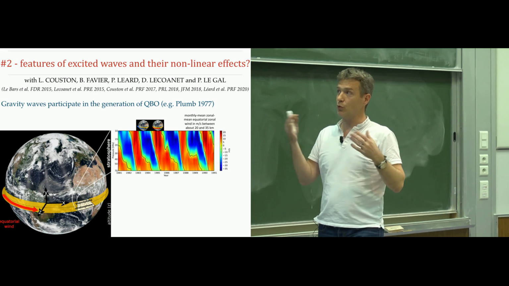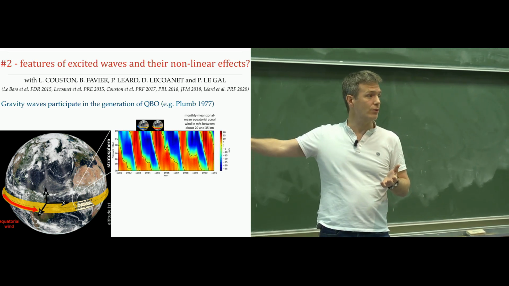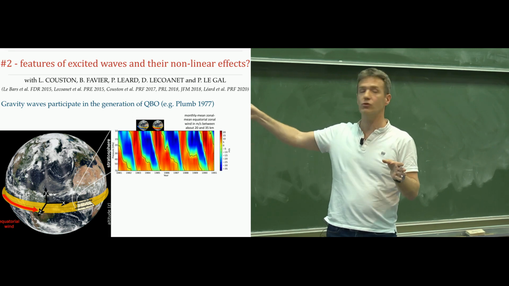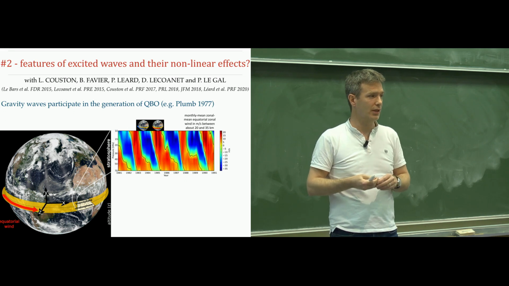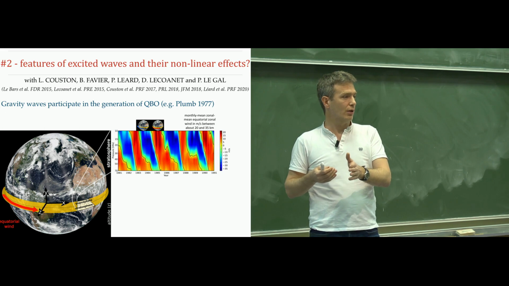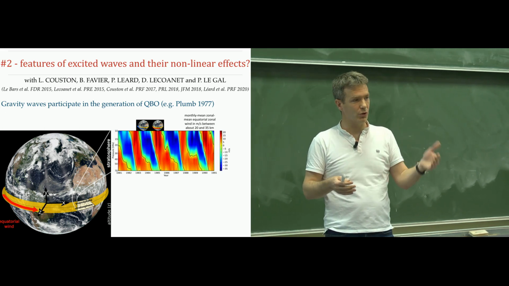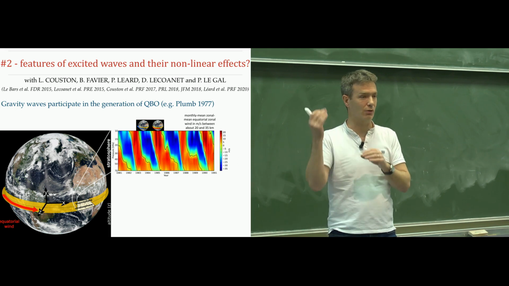Okay, so the problem is, how do you model the source of the waves? The waves have a period of 10 minutes, and then those long-term reversals last several months. That's a nightmare, for instance, in global circulation models, where you don't solve for the waves and the turbulence, but you want to look at the long-term evolution of the climate over 100 years.